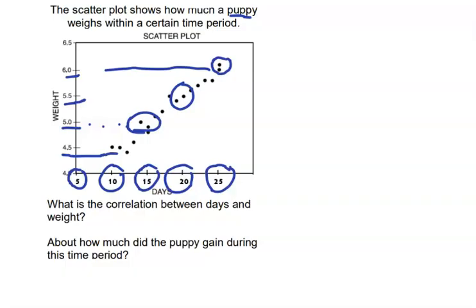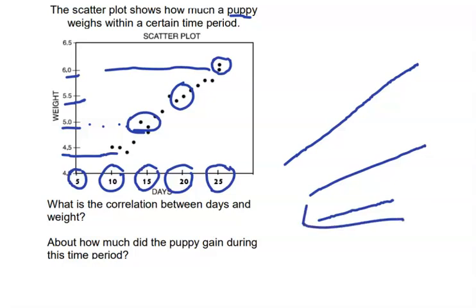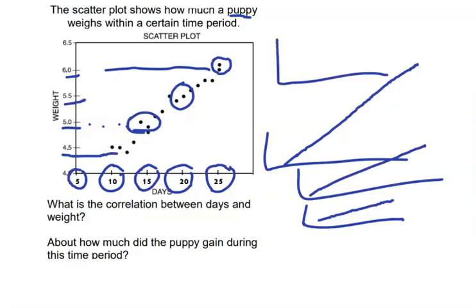Okay, so let's read the questions and see what we need to answer. It says, what is the correlation between days and weight? All right, so what that means is when you're looking at statistics, if the trend is kind of going up in a positive angle, it could be going up just a little bit at a time, or it could be going up really, really straight.